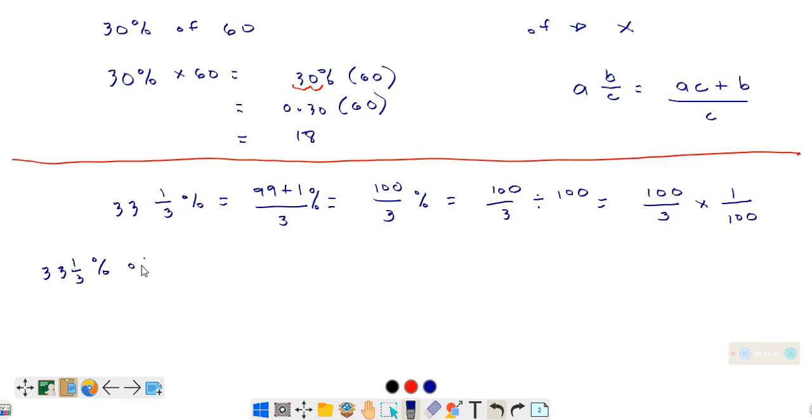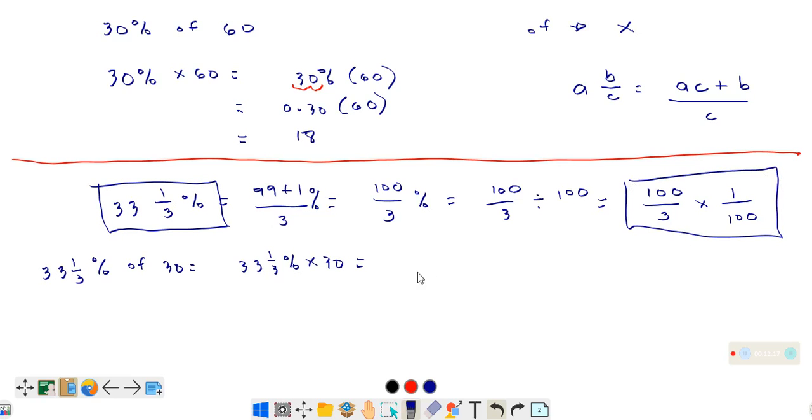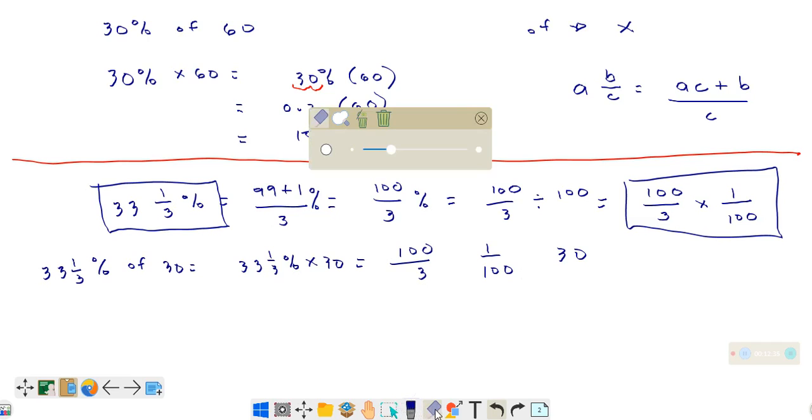But, for the sake of following the example that we have in our book, sulat natin dito yung problem. 33 and 1/3% of 30. So, we have 33 and 1/3% times 30. We know that 33 and 1/3% is equal to this, right? So, doon nanggaling yung nandun sa aklat ninyo na 100 over 3 times 1 over 100 times 30.